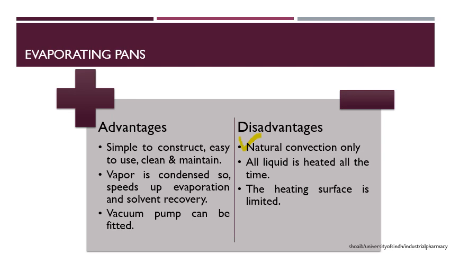The liquid in the whole pan is exposed to higher temperatures continuously, so there are chances of destruction of the product. Finally, the heating surface is limited. These were some of the problems we also faced with the evaporating pans. However, there are certain advantages of the evaporating stills.